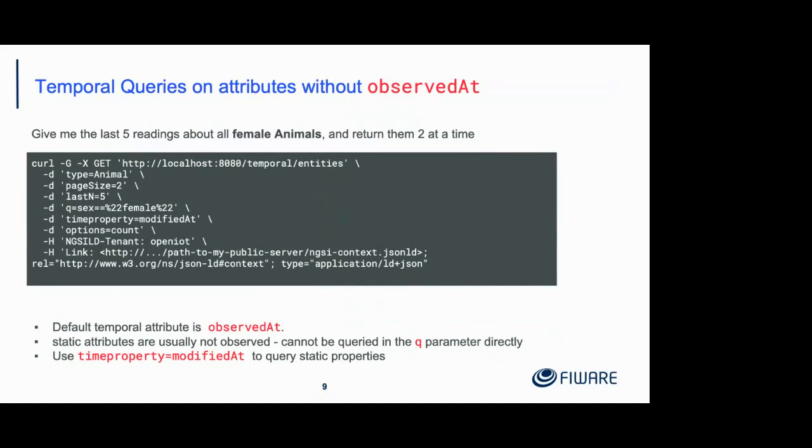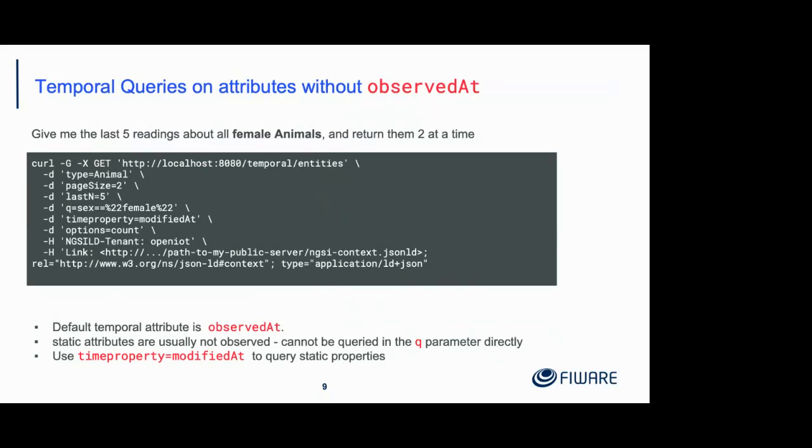It is possible to make a request on the temporal interface, which is leveraging data which is not observed. In this particular case, we have cows and bulls, animals, and I want to find out information about the cows only, the females.